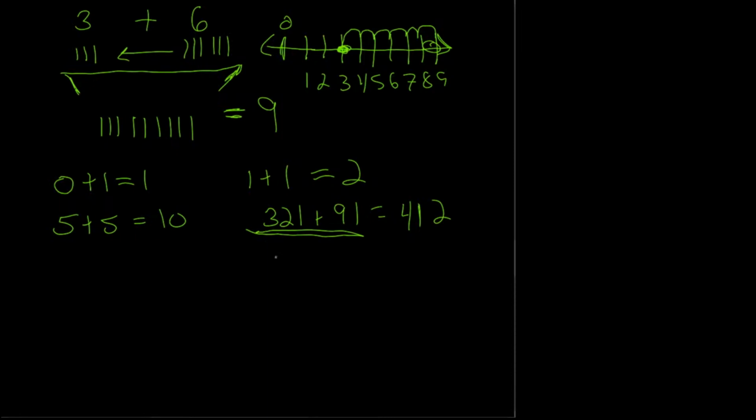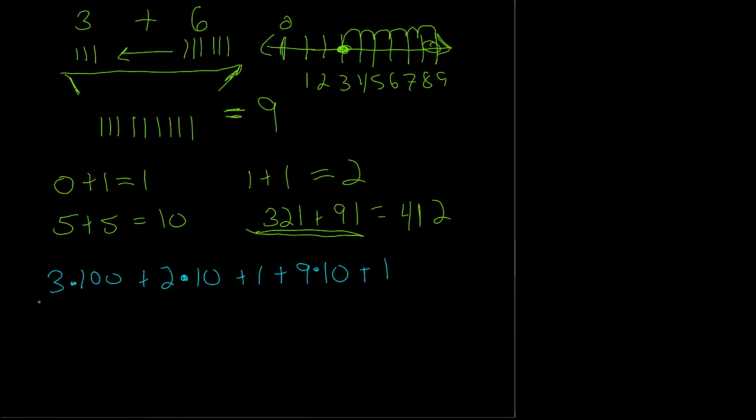Now I'm going to do this in expanded form first, and then we're going to back that into the better way of doing it, the better mechanics. So in expanded form, that's 3 times 100 plus 2 times 10 plus 1. That's 321. Plus 9 times 10 plus 1.